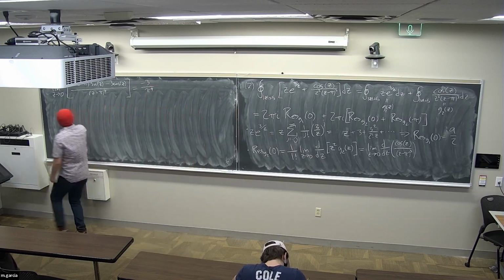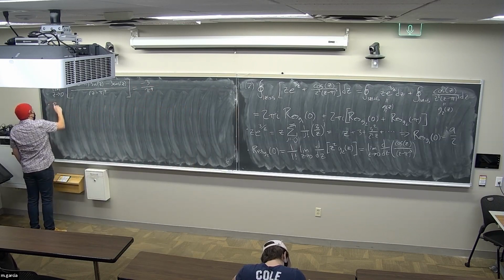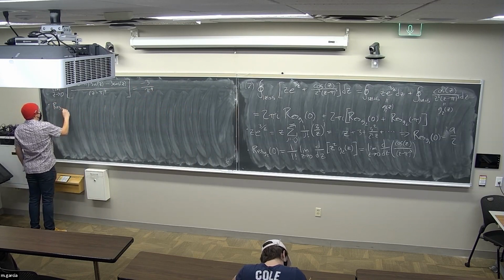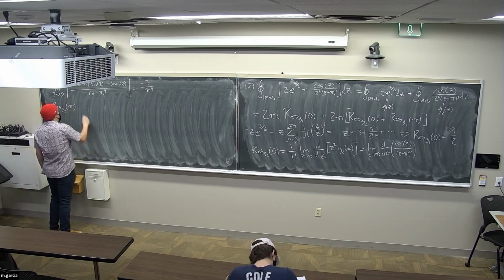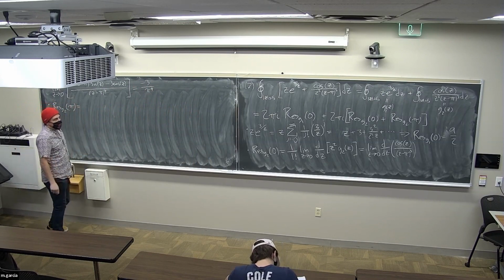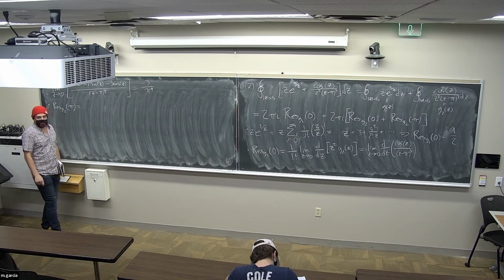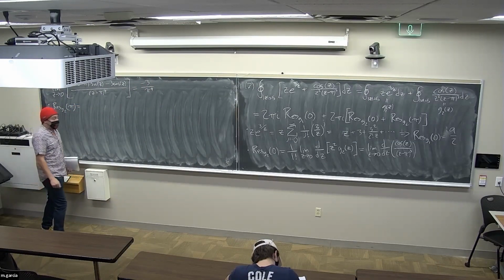Okay. So finally, let's calculate the residue at pi, which, again, if you take me on my word, is truly a pole of order 3. Right?